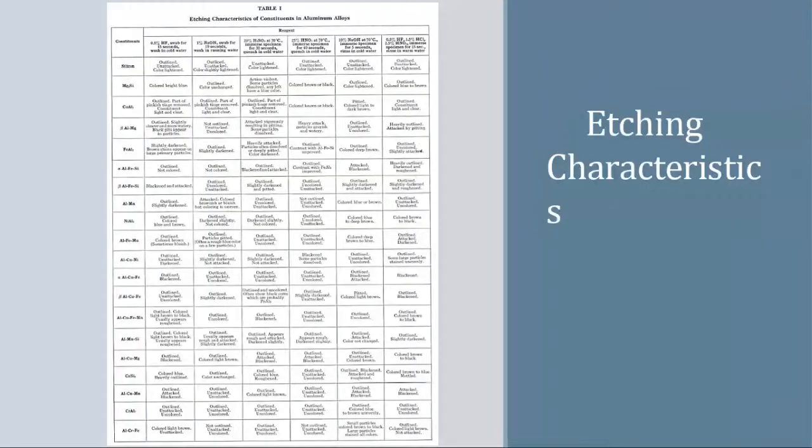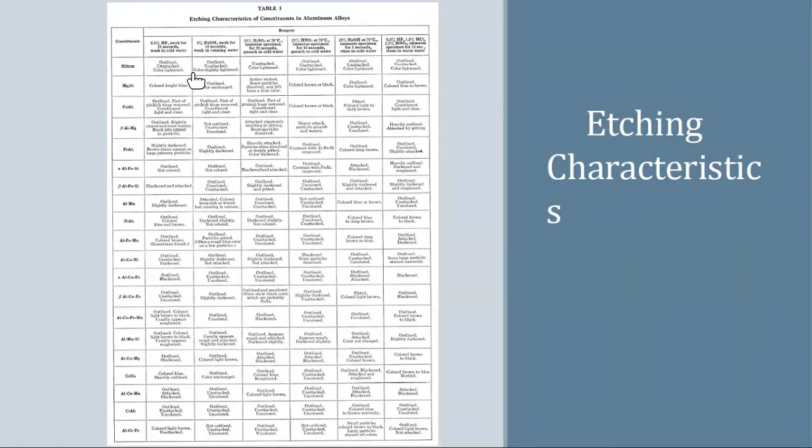But if I do etch, what does it do? Well, these are all the different types of etchants you can use for metallography on aluminum. And it'll give you an idea of how the microconstituent will be affected by it.